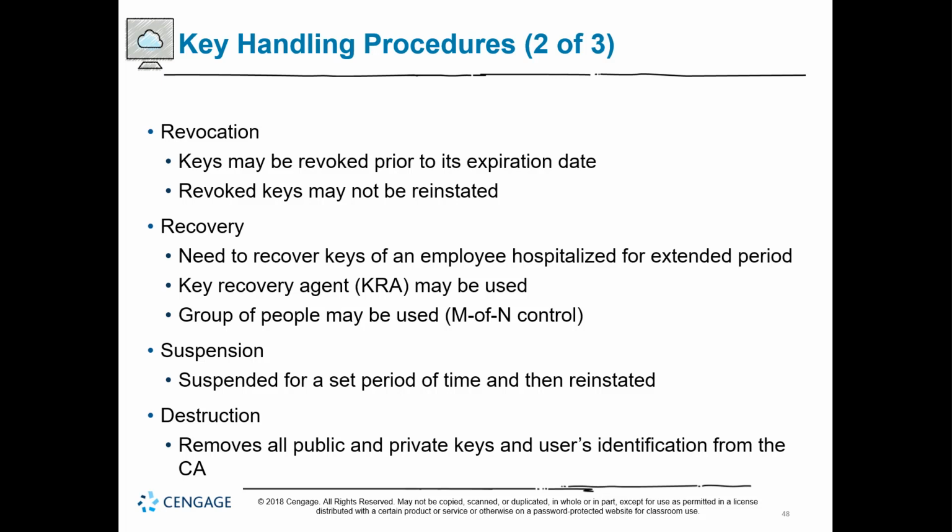This is known as a key recovery agent, and this has to be set up prior to the keys being lost. You cannot have a recovery agent take place after you lose a key. We can also have a group of people that can be used for recovery, not just an individual.